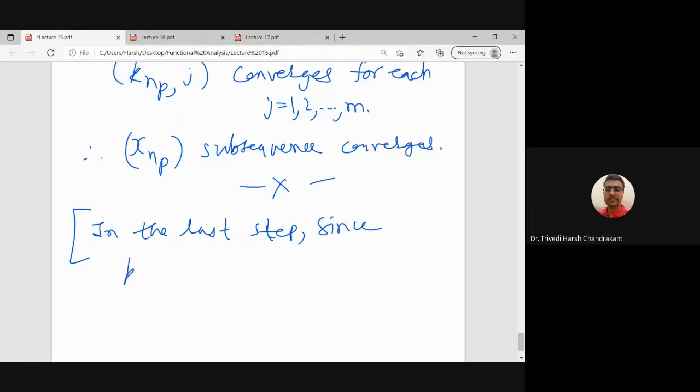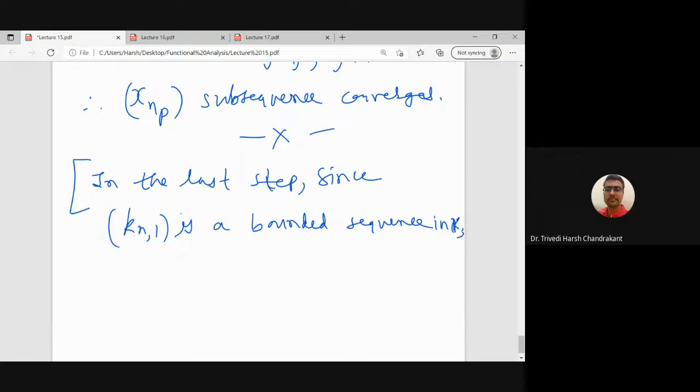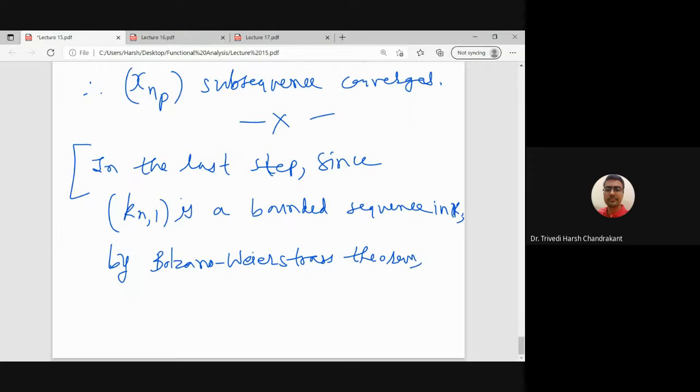Since kn1 is a bounded sequence in K, by the Bolzano-Weierstrass theorem every bounded sequence has a convergent subsequence.